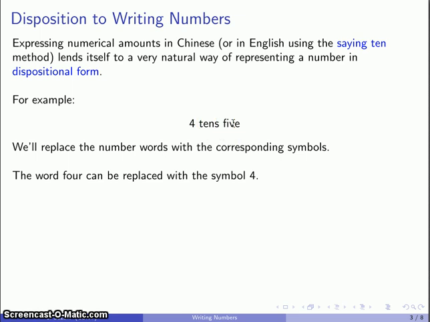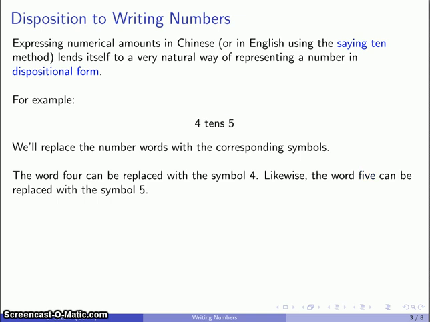I end up with this expression of the number, keeping the unit word tens. That's my dispositional form of the numeral.